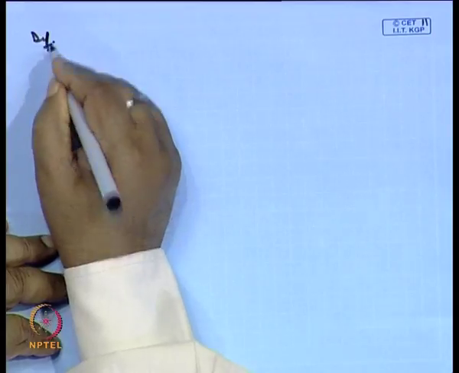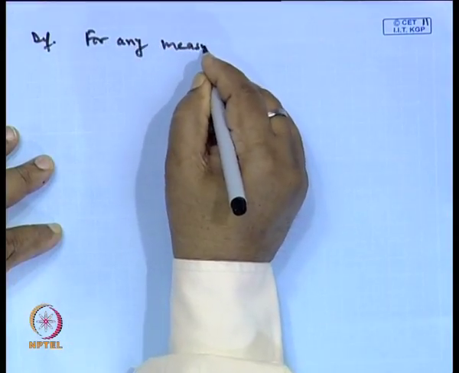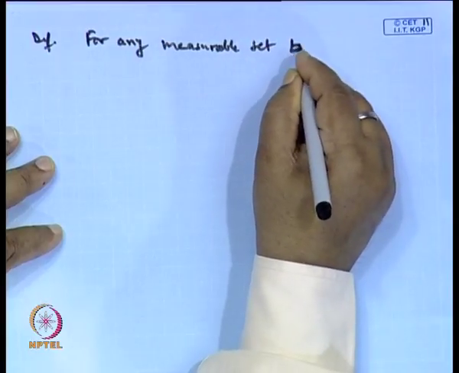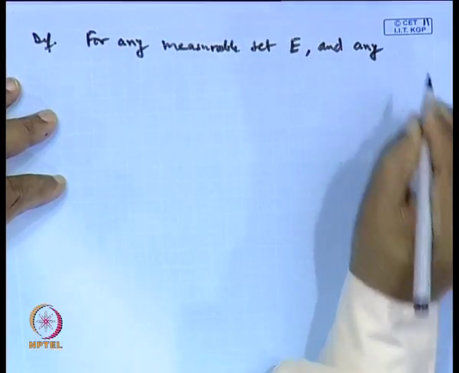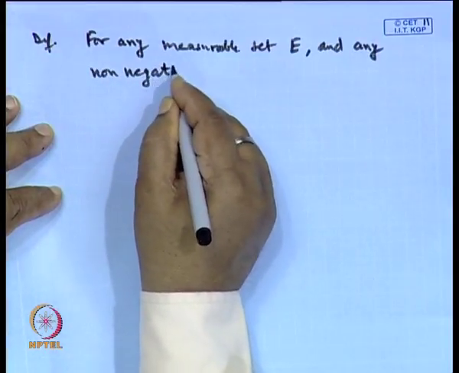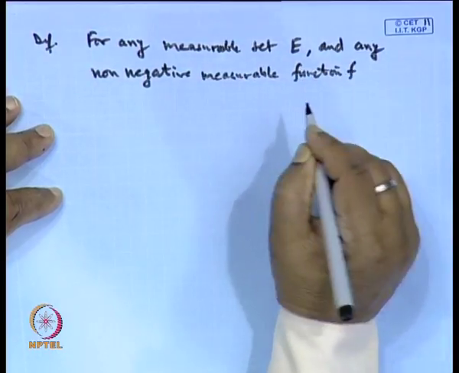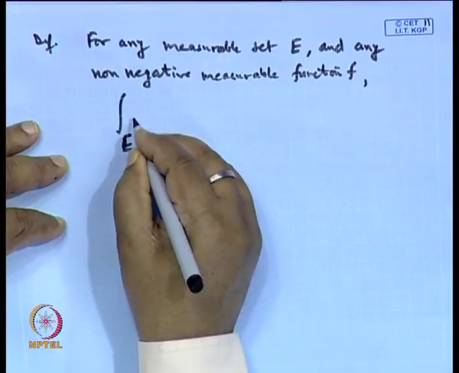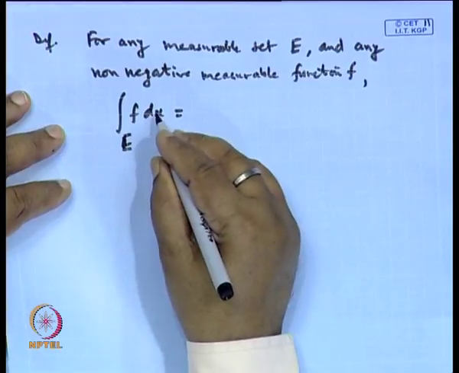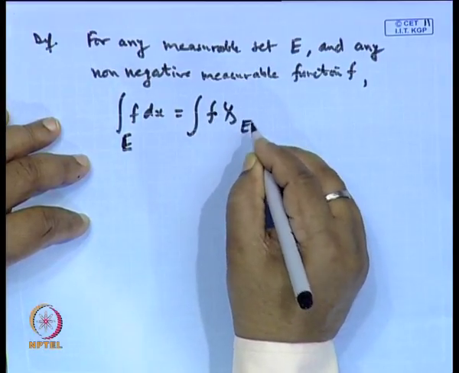Now, if the function is defined over the set E, then for any measurable set E and any non-negative measurable function f, the integral of f over the set E, denoted as integral over E of f dx, is nothing but the integral of f times the characteristic function of E dx.